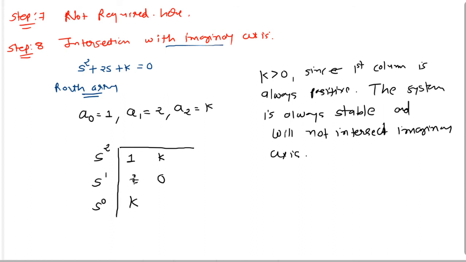Here we can find that for all k greater than 0, the system is always stable, so it does not intersect the imaginary axis. If k were negative, then it would intersect the imaginary axis. But in our case, it does not intersect the imaginary axis.